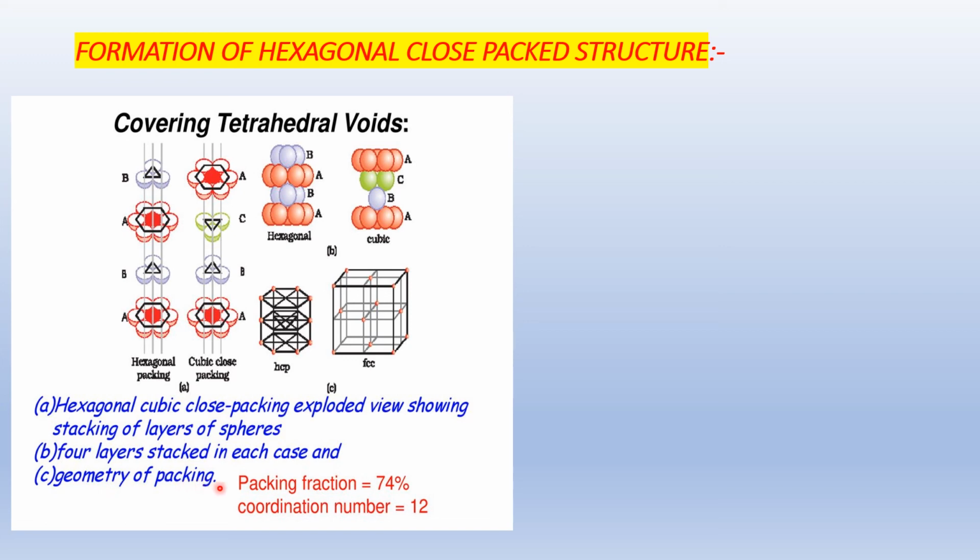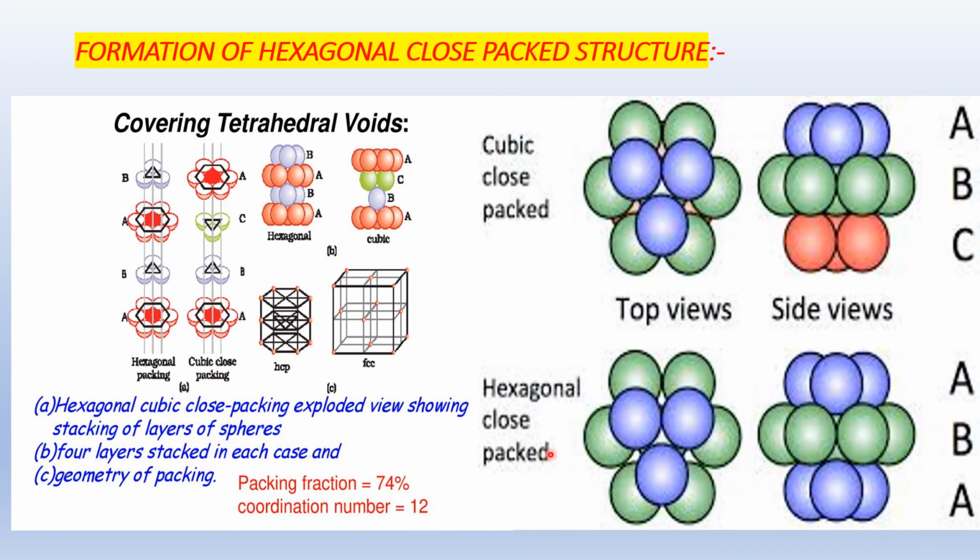Geometrically the packing fraction is 74%, that is in FCC, and its coordination number is 12. This diagram is also the same, the arrangement of hexagonal and cubic close pack structure. These are side views and top views. From the top it appears like this, and from the side this 3 and this 6, total 12 coordination number, you have to observe here. This is hexagonal close pack and that is cubic close pack; this first one is cubic close pack and the second one is hexagonal close pack. Here you get a triangular form, here also triangular, okay.